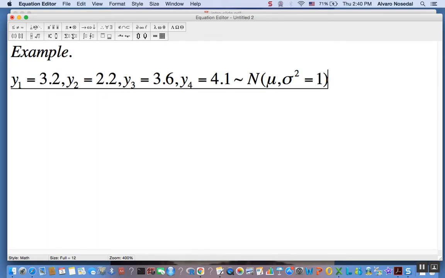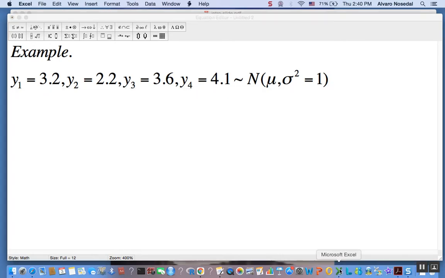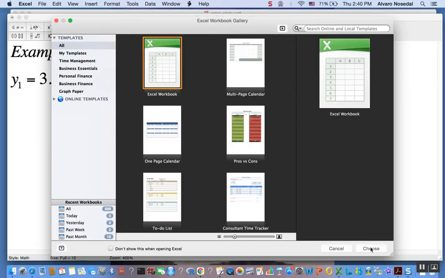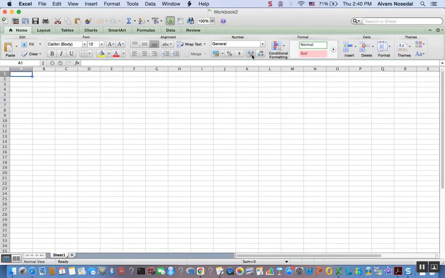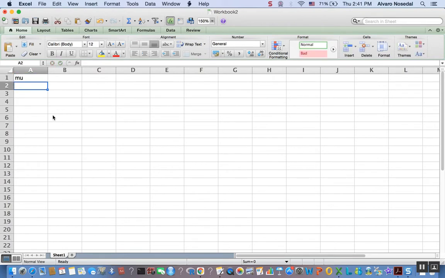Now, let's talk about the values that we are going to be considering for the parameter mu. It's a discrete prior, meaning we're just going to be considering a finite number of values for our parameter mu. The values we're going to consider for mu are 2, 2.5, 3, 3.5, and 4.